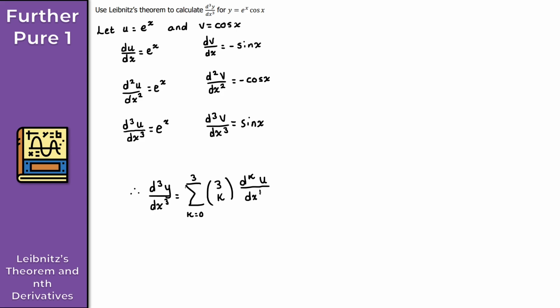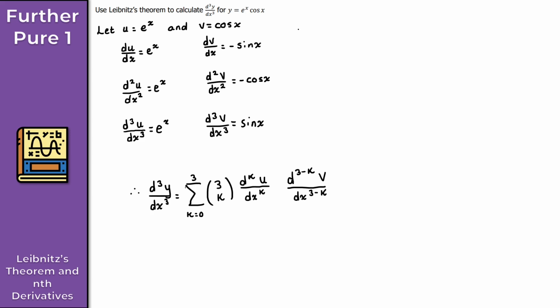And then we times this by the following here. So this is to the power of 3 minus k here. The v all over then dx here to the power of 3 minus k. So what might help here as well is if we just state the binomial coefficients here.